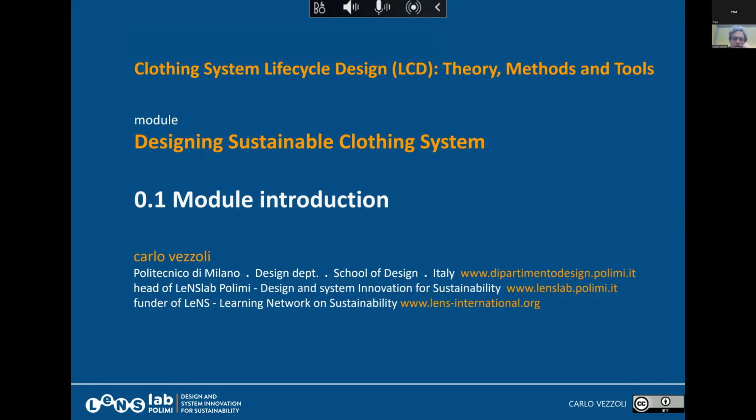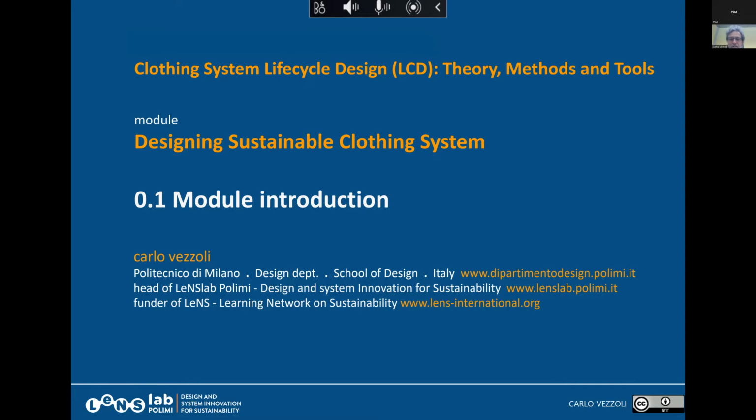Now I'm going to introduce the course so that you know what is going to happen, basically. Maybe before, a few words about me. I'm working at the Politecnico di Milano at the design department. I'm head of a research lab on design and system innovation for sustainability called LENS Lab. LENS stands for Learning Network on Sustainability.